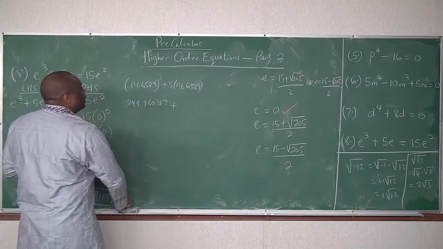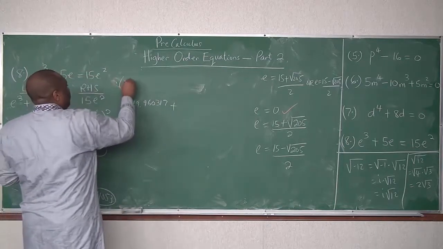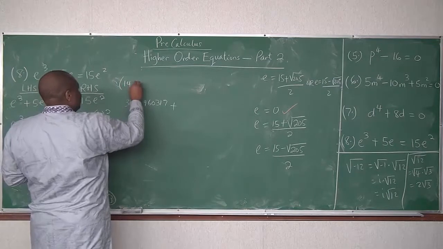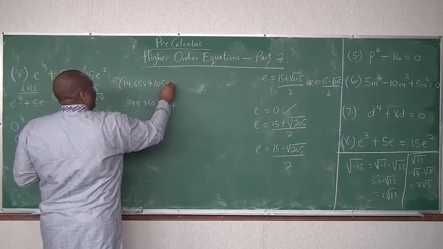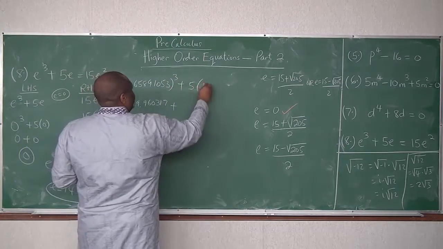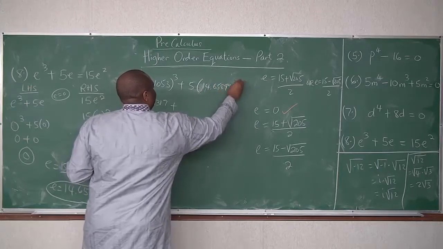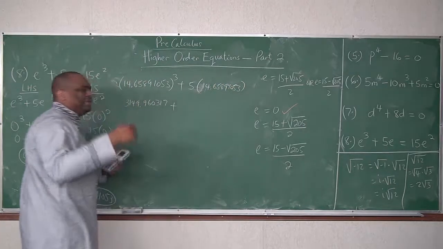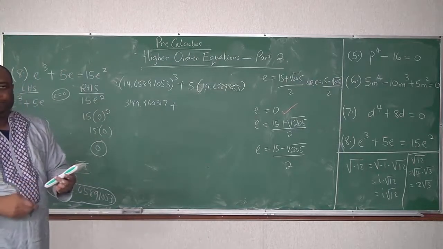Okay. So this is 14.65891053 cubed plus 5 times 14.65891053. Because the greater the number of decimal places, the greater the accuracy.